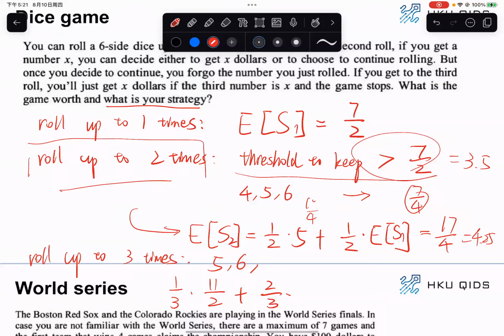Okay, let's call it ES1, so ES2, and this should be ES3. And this is going to be 14/3. So this is our expected game value, and the best strategy is basically we should keep 5 or 6 during the first round and keep 4, 5, 6 for the second round. And otherwise, we are just going to forgo the number and continue to the next round.